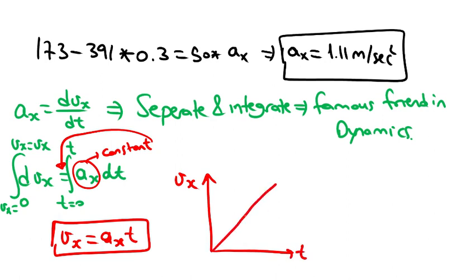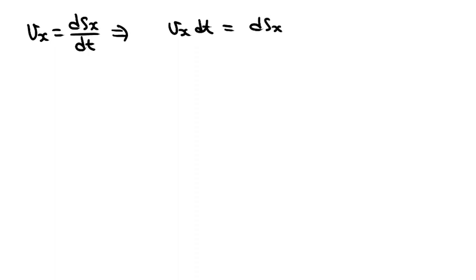Okay, that's good. Now it's time to find the distance. You can replace the time here and find the velocity, but I will do it at the end. I also know that vx is dsx by dt. Separate and integrate. So vx dt will be equal to dsx, from 0 to t, and sx from 0 to sx.